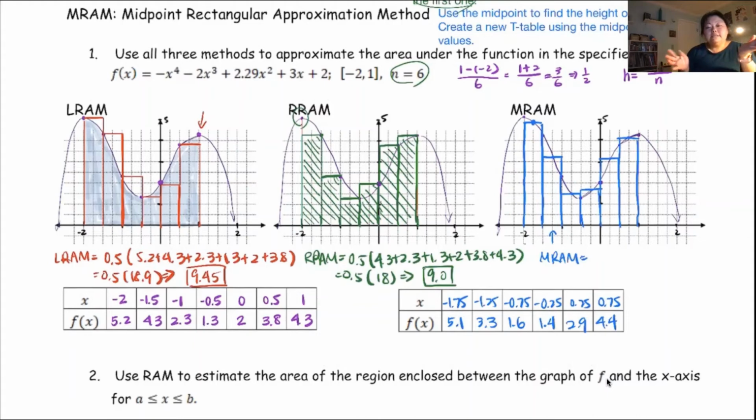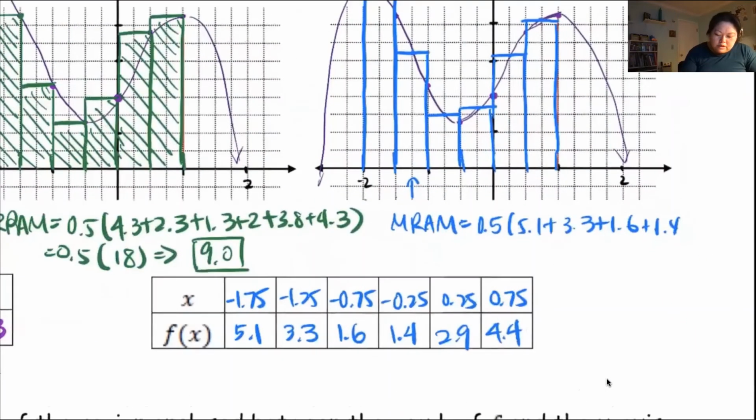Previous ones were all 0.5. This is also 0.5. So every single base is still 0.5, but the only difference is your height is different. So you're going to multiply by 5.1 plus 3.3 plus 1.6 plus 1.4, sorry, I'll zoom in, plus 2.9 plus 4.4. You will see you have 1, 2, 3, 4, 5, 6 heights because there's 6 rectangles.